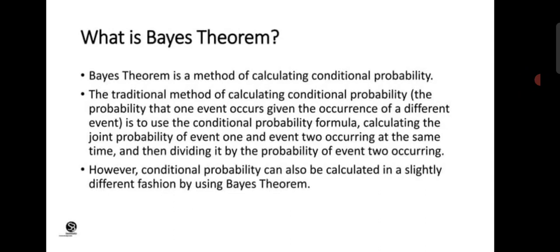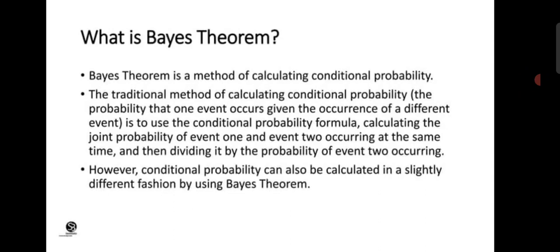The traditional method of calculating conditional probability, the probability that one event occurs given the occurrence of a different event, is to use the conditional probability formula: calculating the joint probability of event 1 and event 2 occurring at the same time and then dividing it by the probability of event 2 occurring.